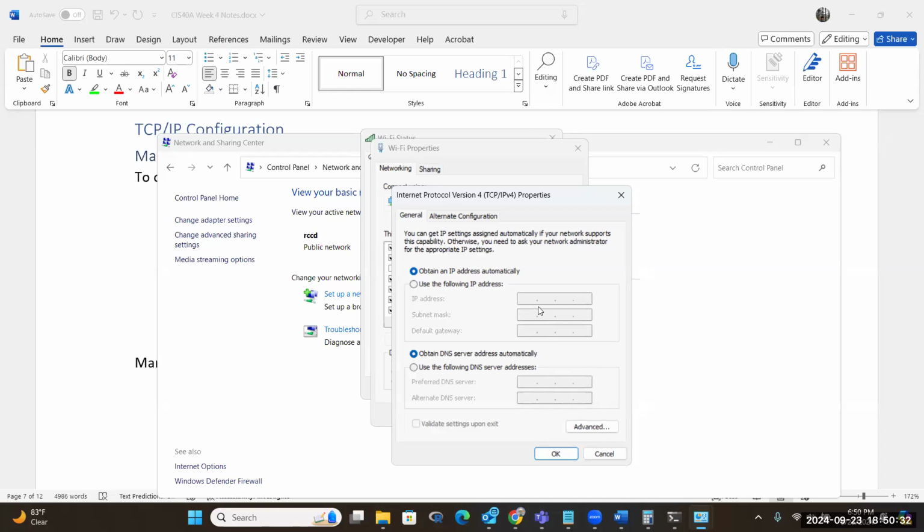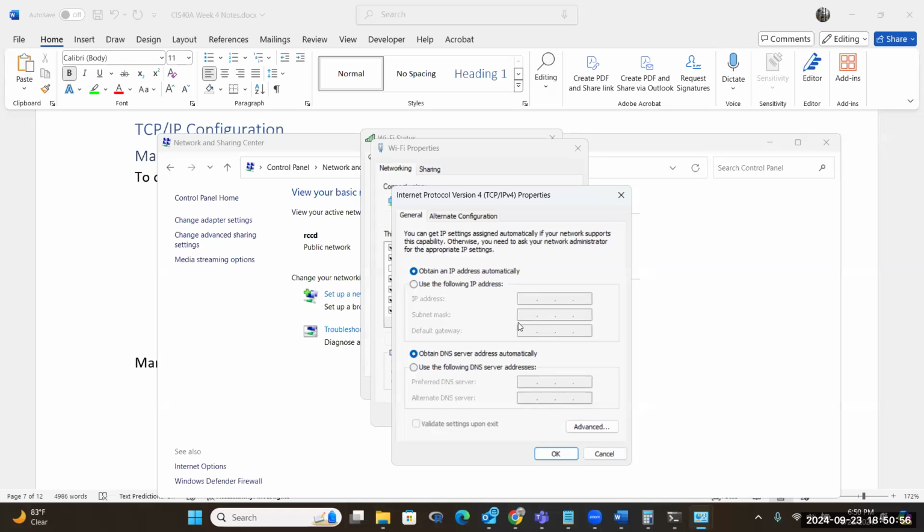When we say static IP address, we mean manually inputting the IP address, and it's not obtained from the server. A static IP address is used for dedicated systems, servers, printers, routers, switches, security appliances, anything that never changes in the network.